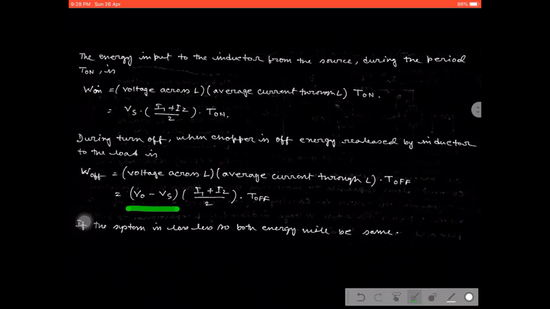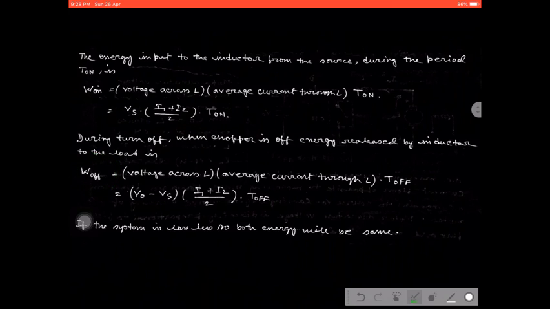That is why V0 minus Vs. Similarly the current falls from I2 to I1, with average current (I1 + I2)/2 during T off. So this is the energy output during off time.